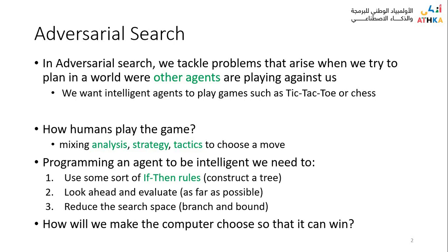And the adversary is trying the same thing. It is trying to win and force you to lose. And if it cannot force you to lose, it'll try to break a tie with you so that you don't win. That's the best thing it can do.